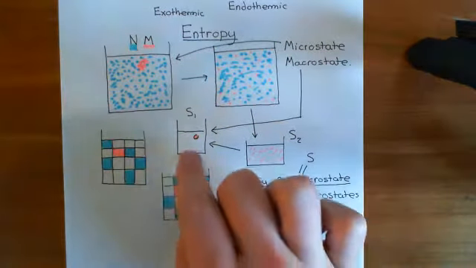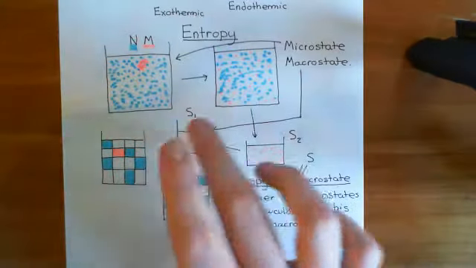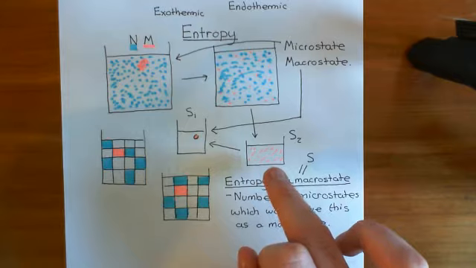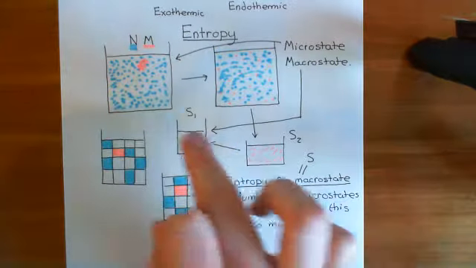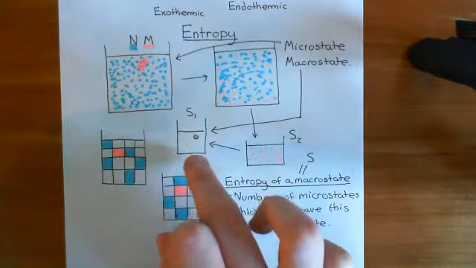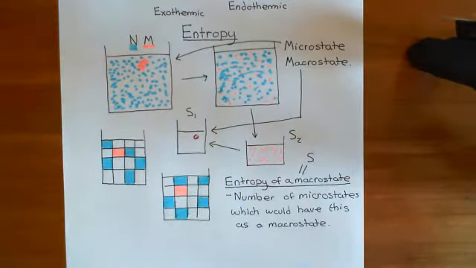So just the sheer probability that the system will adopt a microstate that has this as a macrostate is much, much higher than the probability that the system will adopt a microstate which has this as its macrostate. And that is why we always see the droplet of the red dye distributing out and never the opposite process.